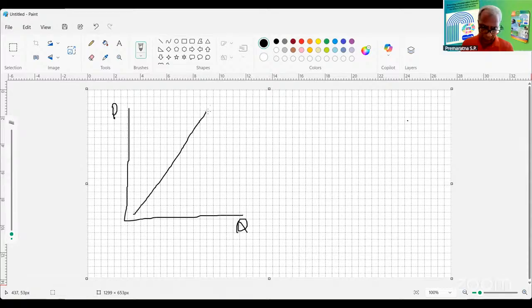You have supply, you have demand. The point here is the equilibrium, the market clearing price, the buyer price.